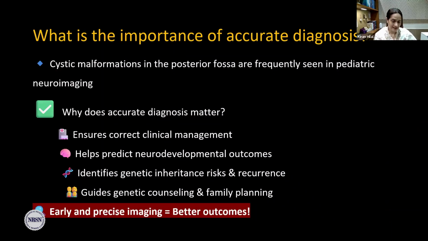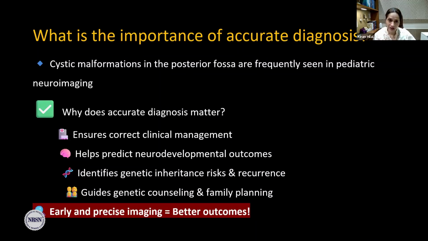We all know that cystic malformations in the posterior cranial fossa are a frequent finding on MRI in the pediatric brain. Then why does accurate diagnosis matter a lot? It matters because we need to ensure that we make the correct diagnosis on imaging to help the physician decide on the appropriate clinical management. It also helps to predict neurodevelopmental outcomes, especially for our pediatric neurology and neonatology colleagues.